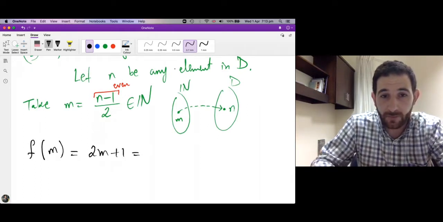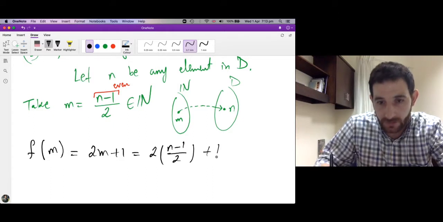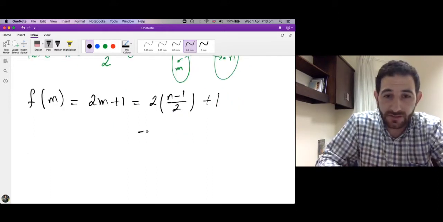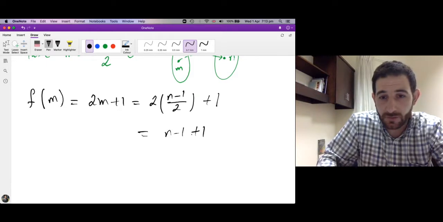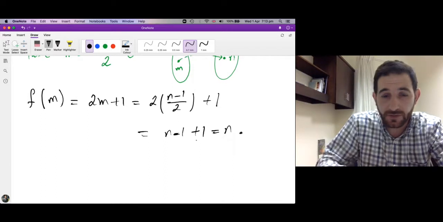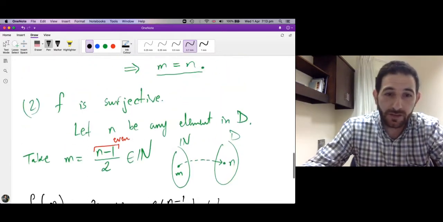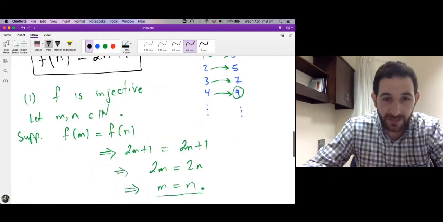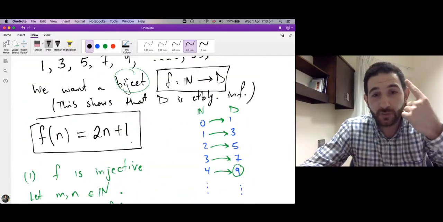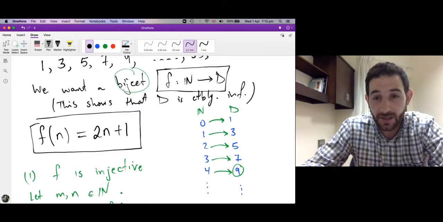But what was m? m was (n minus 1) over 2, so we get n minus 1 plus 1, and n minus 1 plus 1 is n. So indeed m is the pre-image of n. So we showed that f is surjective and f is injective, which means we found at least one bijection from N to D, which is the function which takes a natural number and maps it to its double plus 1.